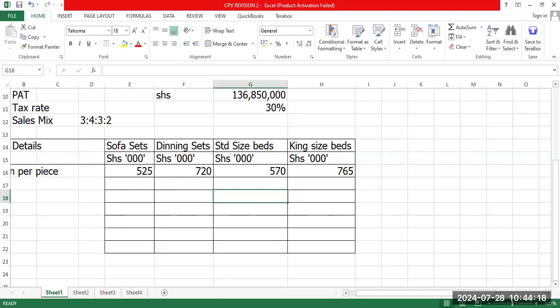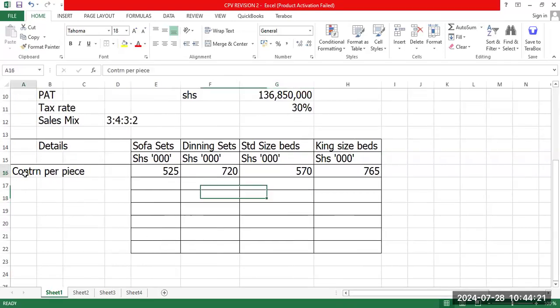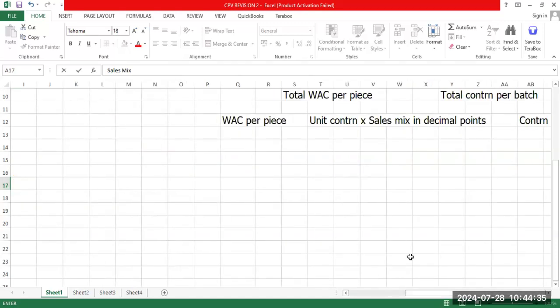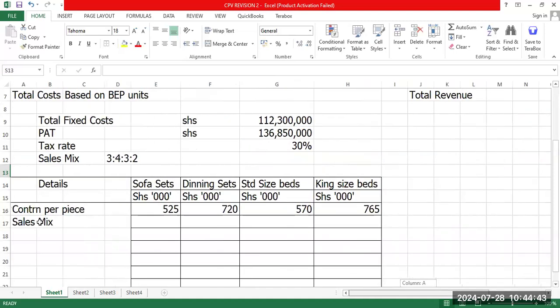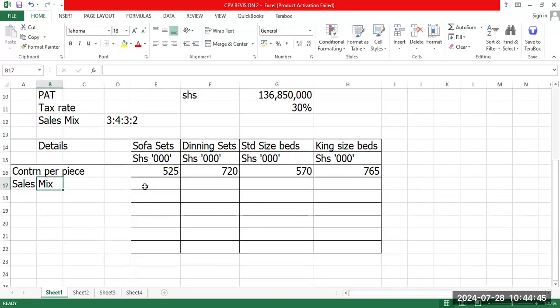Okay. So we have our unit contribution. It means that the next step is to put here the sales mix. I want to use this method so that I can immediately get my answers in pieces. But we are going to use the same formulas too, because I realized people are being confused with batches and converting.